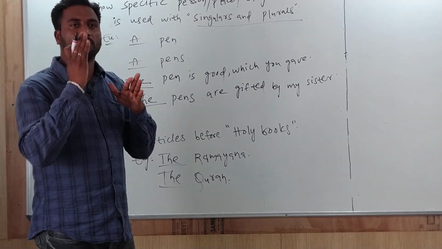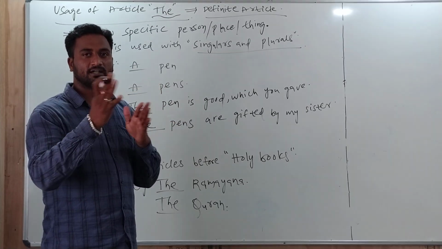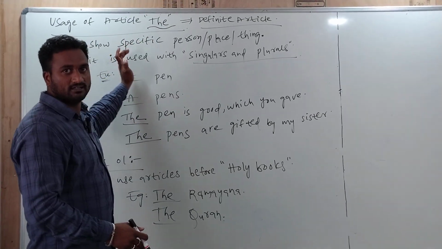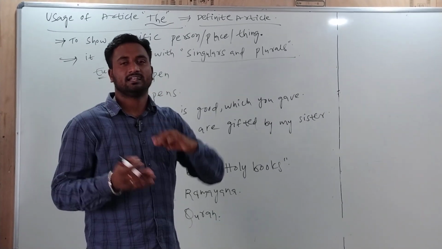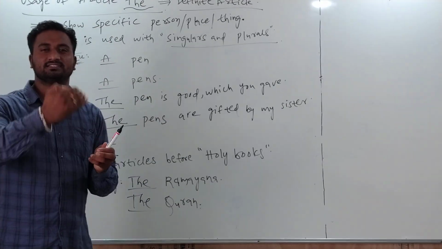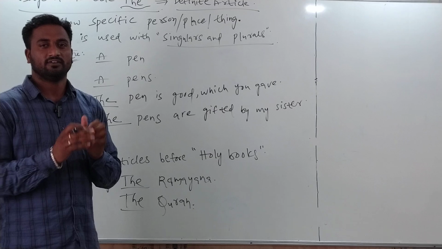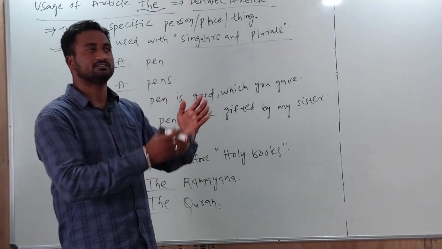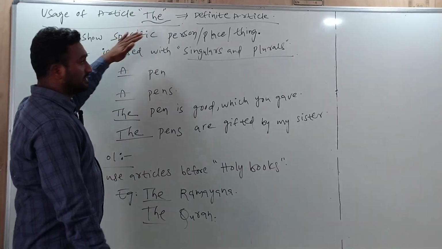Whenever you are talking about a particular person, particular thing or particular place, we use article the. Unlike indefinite articles, where whenever you want to say something in general, we use a and an. But whenever you want to say something specifically, we use article the.